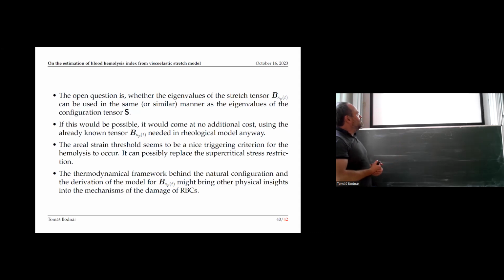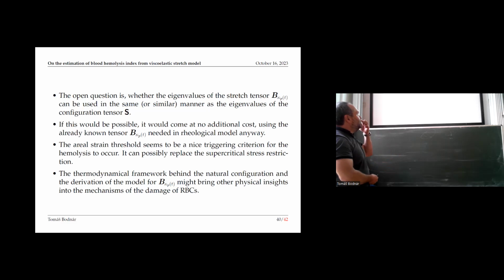Maybe you have seen the people who are solving this high Weissenberg number problem using the conformation tensor. It's just a reformulation where, instead of the stress tensor, you have the conformation tensor, which is again some kind of a measure of local deformation. Again, it's a symmetric positive definite tensor.